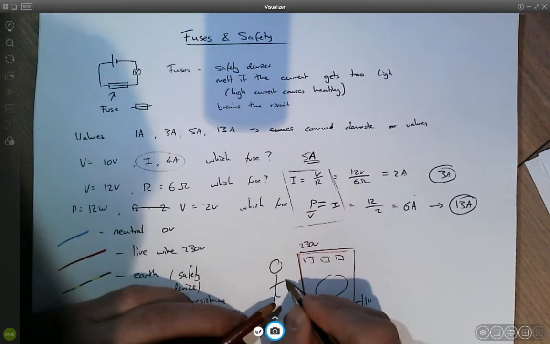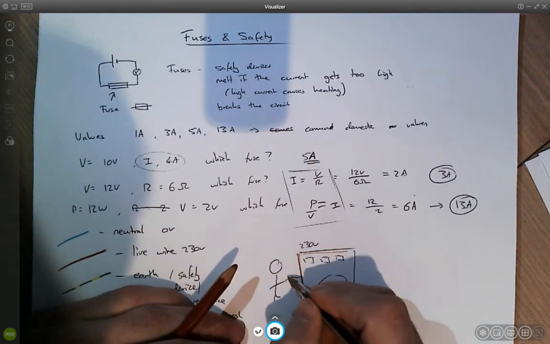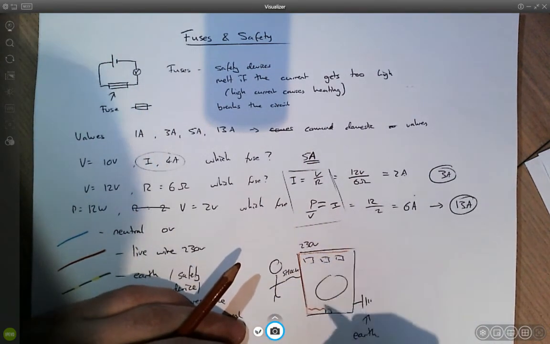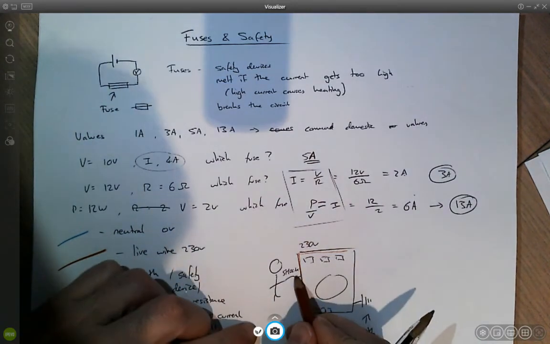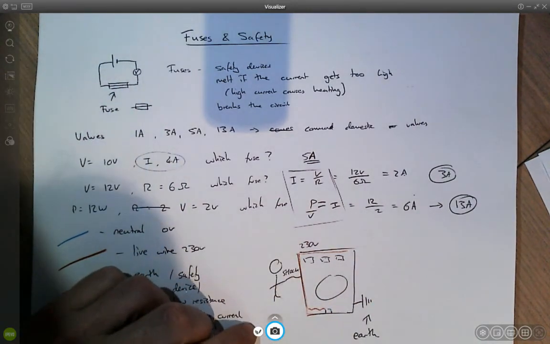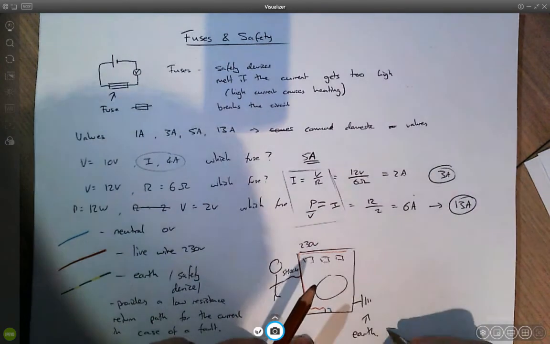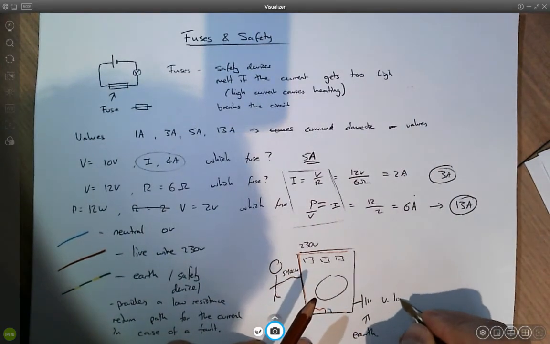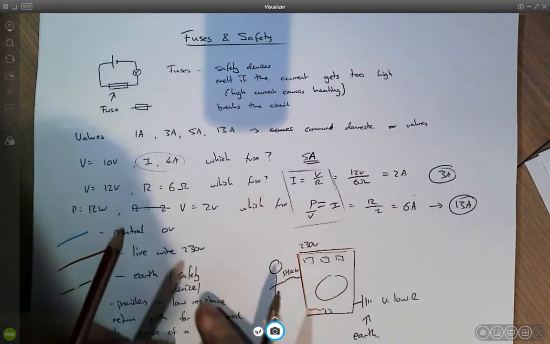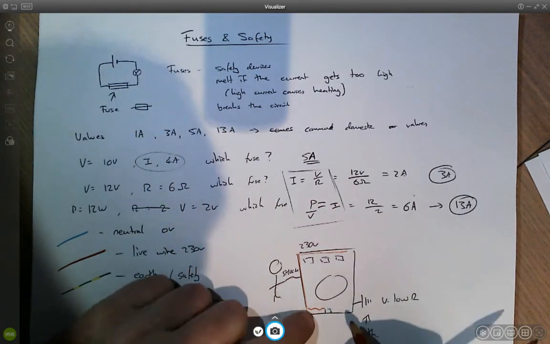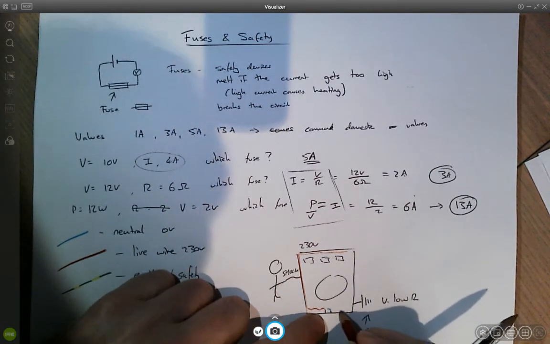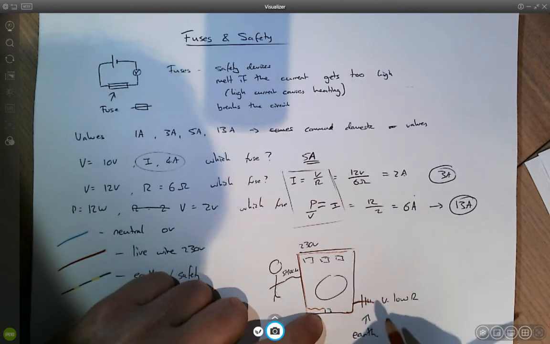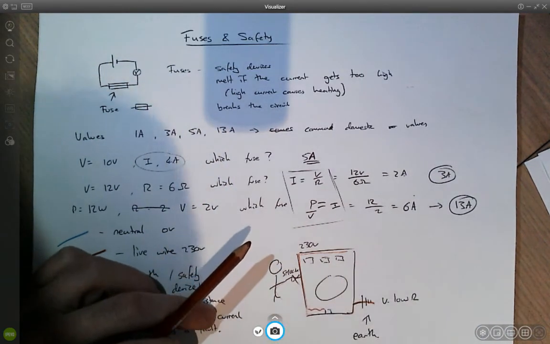So if somebody touches it, they would get a shock, and then they would be electrocuted and die because the current would go through them and to the ground. But what does the earth do? The earth has a very, very low resistance, much lower than a person, so that the current will go through the earth to ground instead of the person.